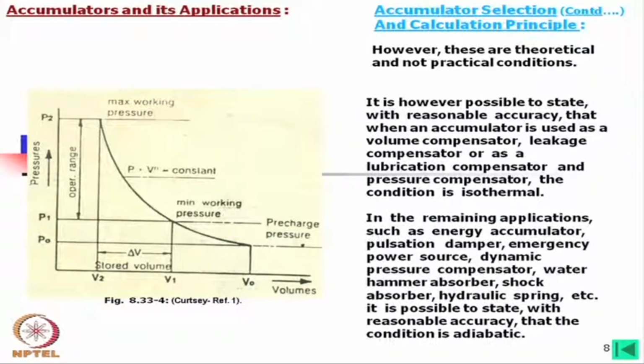Whereas in the remaining applications such as energy accumulator, pulsating damper, emergency power source, dynamic pressure compensator, water hammer absorber, shock absorber, hydraulic spring, etc., it is possible to state with reasonable accuracy that the condition is adiabatic. That means a very quick process is going on.